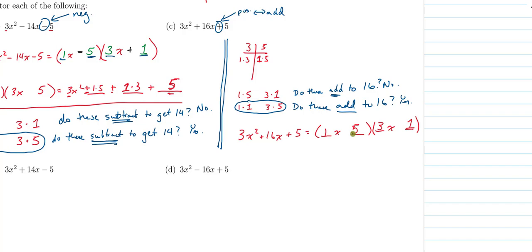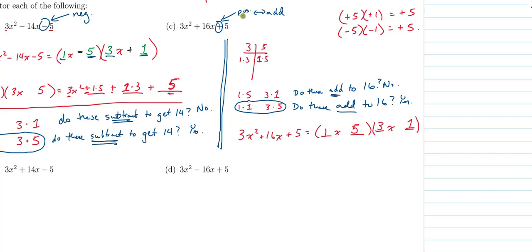I just need to assign the signs. Now, we just said that the trailing coefficient has a plus sign. That means we're either going to be multiplying a positive 5 to a positive 1. That would give me plus 5. Or we would be doing a minus 5 times a minus 1. And that would also give me plus 5. So either both middle terms are positive, or both middle terms are negative.